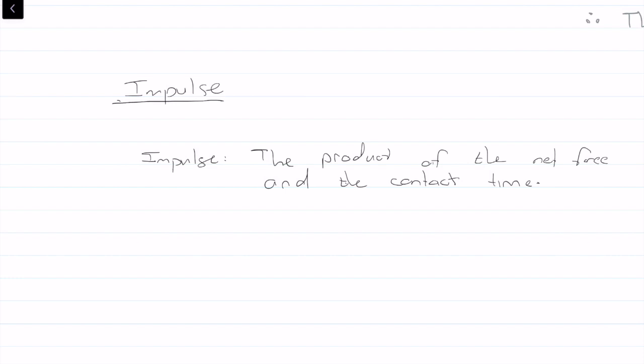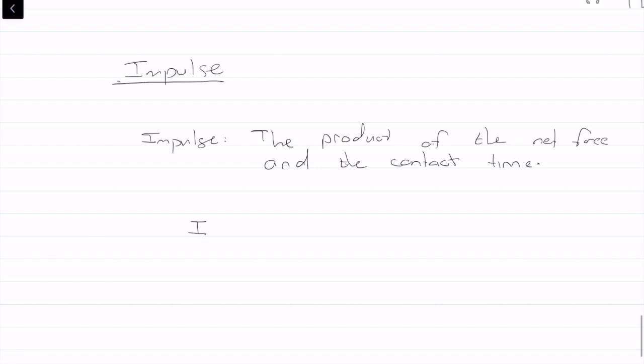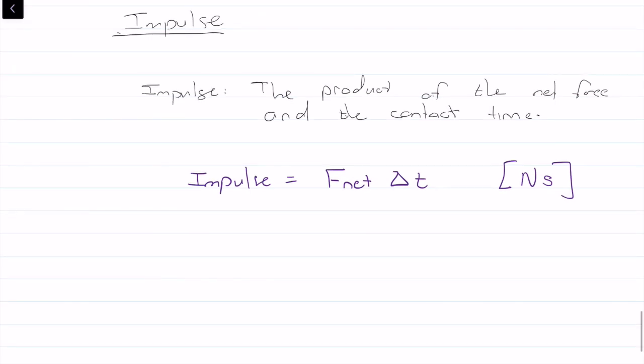So impulse in the form of an equation is equal to the net force, F net, times delta T. The net force has units of newtons, and time has units of seconds, so that is in Newton seconds. And an impulse causes a change in momentum.